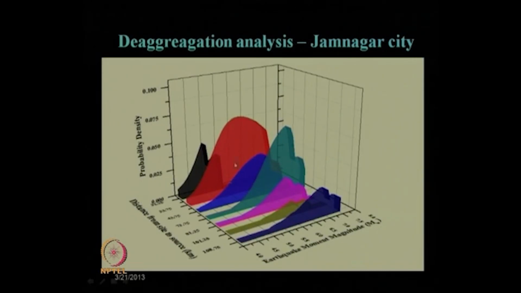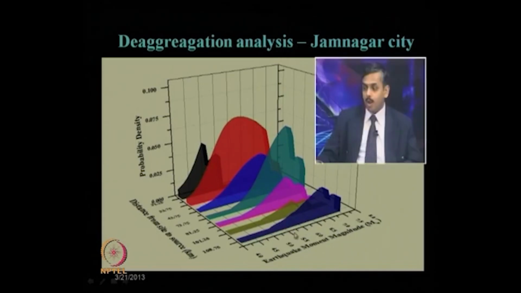As you can see from this peak, as far as probability density functions are concerned, for higher magnitude, this distance from source to site dominates, whereas for moderate earthquake magnitude of about 5 to 6, this red color curve, which is at a nearby location within say about 33 kilometer from source to site, dominates.